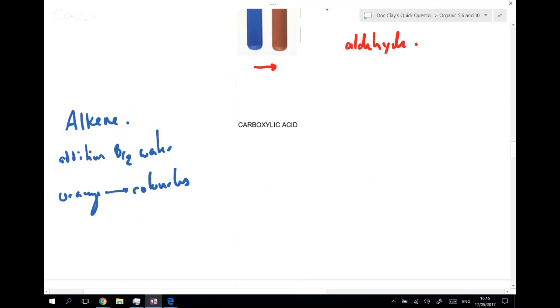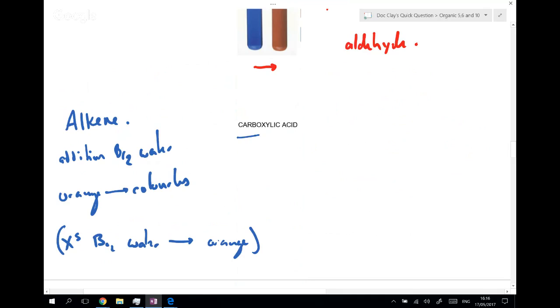Now, the thing to note here as well is, if you use an excess of bromine water, you would end up with an orange solution, because it would react with all of the alkene and then leave you an orange solution left over. So you've got to ensure that you're using only a small amount of the bromine water. If you use too much, you may well observe still an orange solution because you've reacted with all of the alkene. That could be a way of improving an experiment, for example.